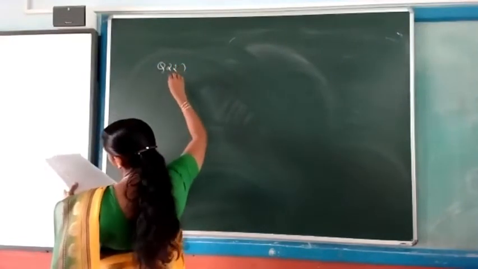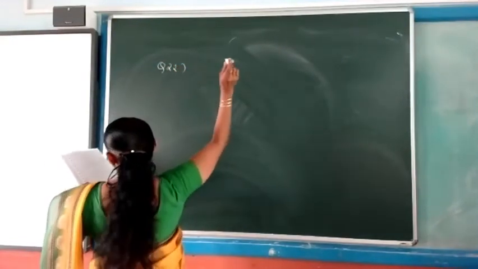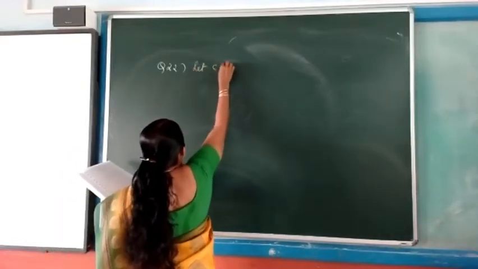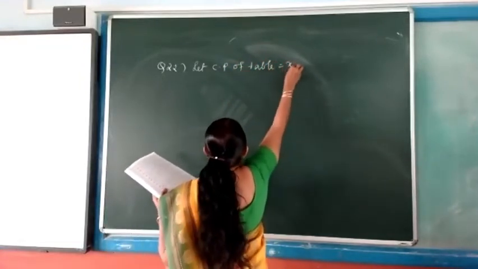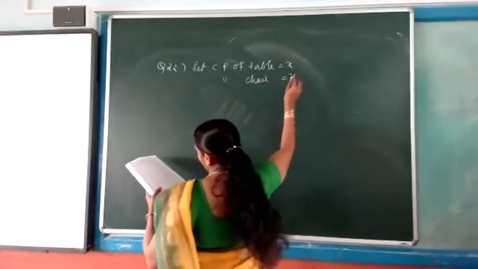Question number 22. There are two items, one is a table and the other is a chair. So let CP of table equal x and CP of chair equal y.